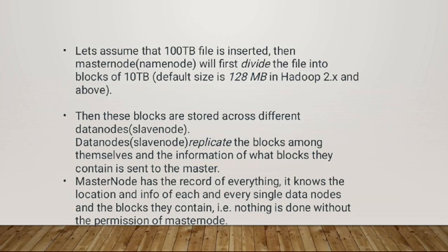They replicate the blocks among themselves, and the information of what blocks they contain is sent to the master. The master node has the record of everything. It knows the location and info of each and every data node and the blocks they contain. Nothing is done without the permission of the master node.